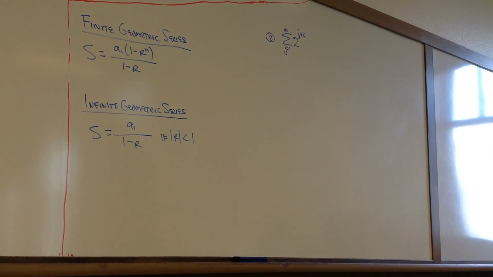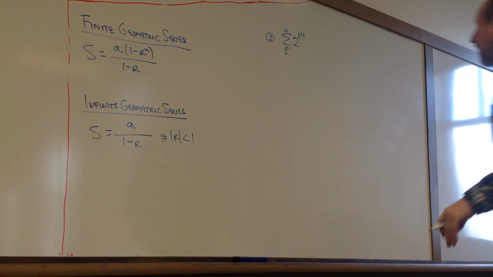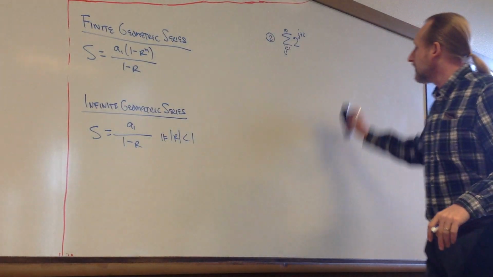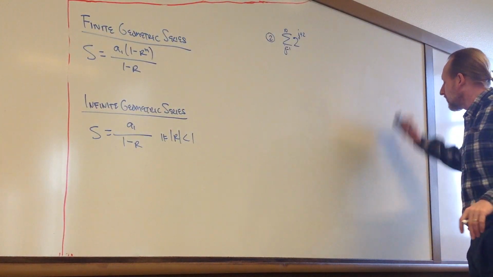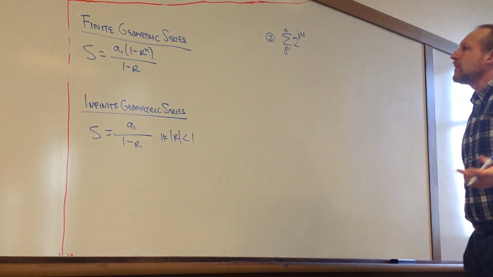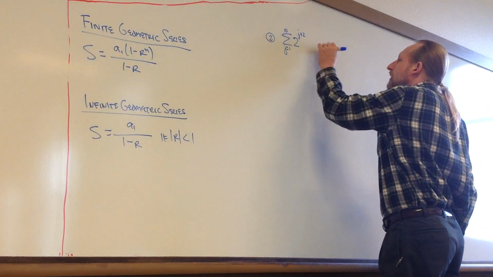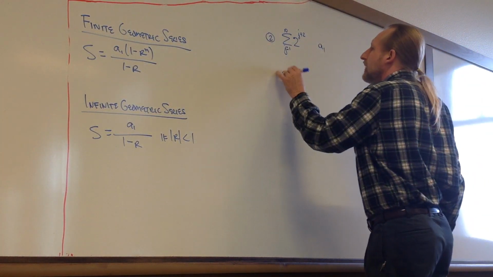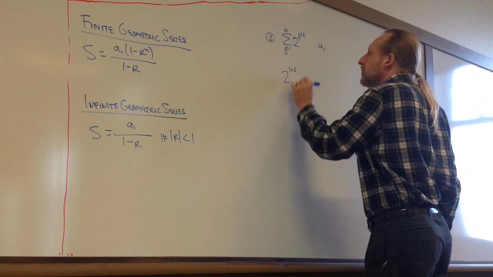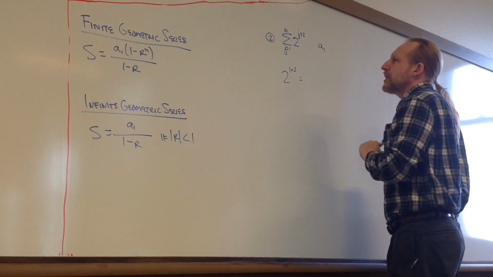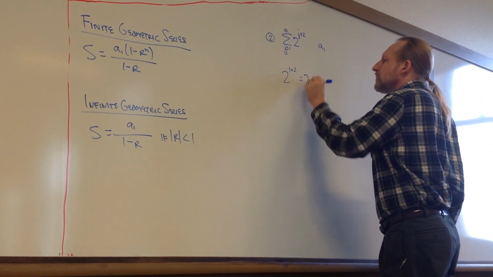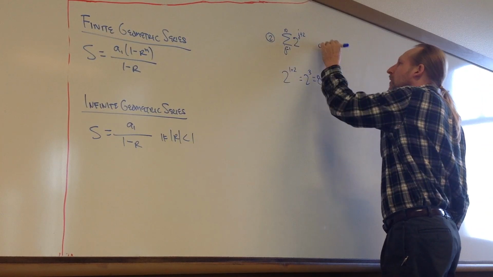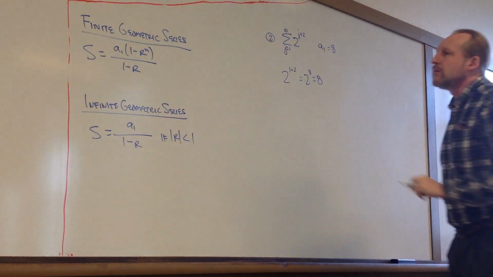Okay, so notice that this is not in standard form. If you want to put it into standard form, that's fine. There's nothing wrong with that. But really all we need to know is what is a sub 1? And we can find that out by plugging in 1 for the index j, and this comes out to be 2 to the third power, which is 8.